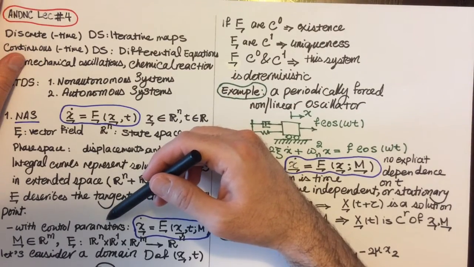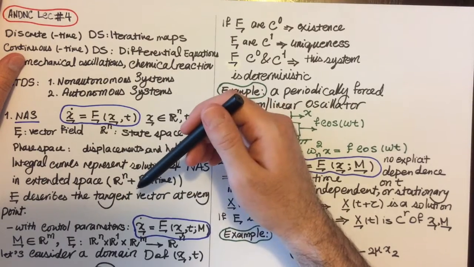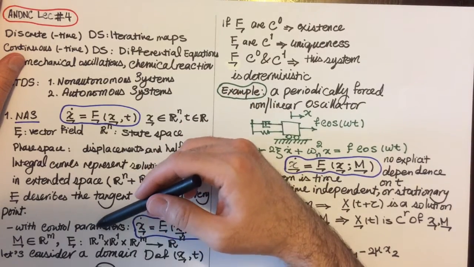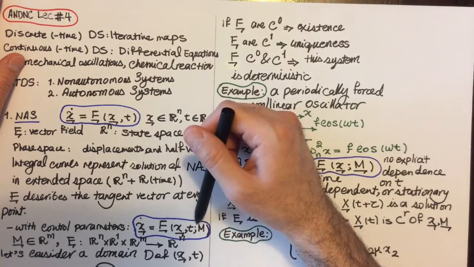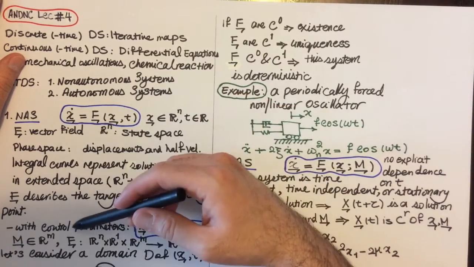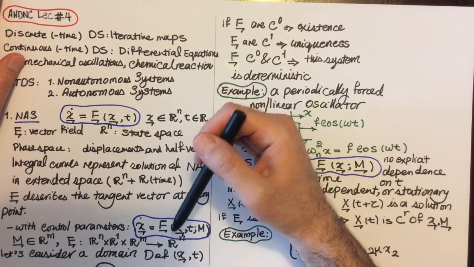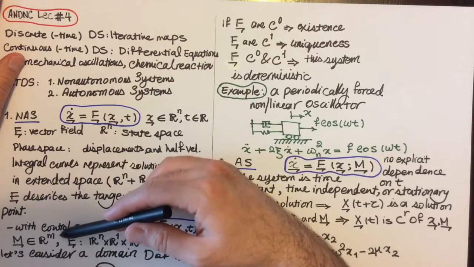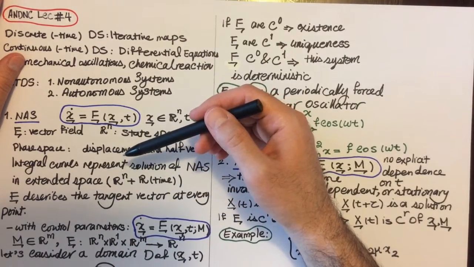And then, since we are mostly in nonlinear dynamics and nonlinear control, we also have control parameters. Let's just show them separately. M, we are following right now the notation in Nayfeh and Balachandran. So M belongs to Rm, m-dimensional Euclidean space.